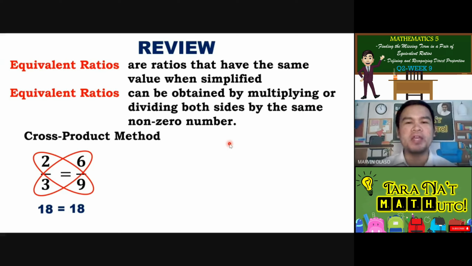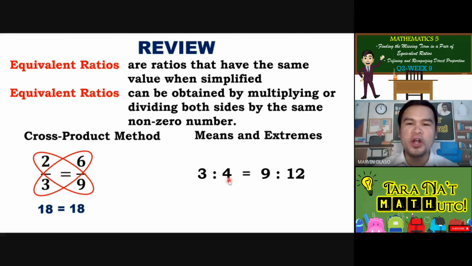We have another method. We call this means and extremes. We are going to multiply. First, we have 3 is to 4. Is it really equal? 9 is to 12. Okay? By using the means and the extremes. Let us multiply first the means. When we say means, these are the inner numbers.